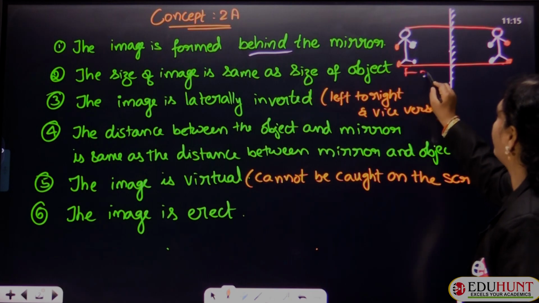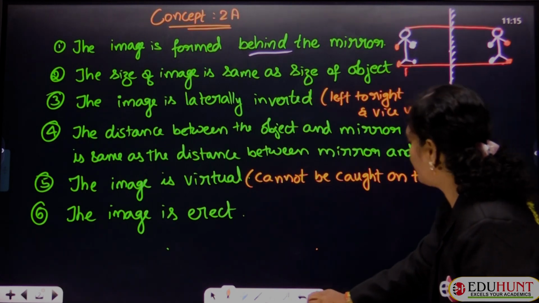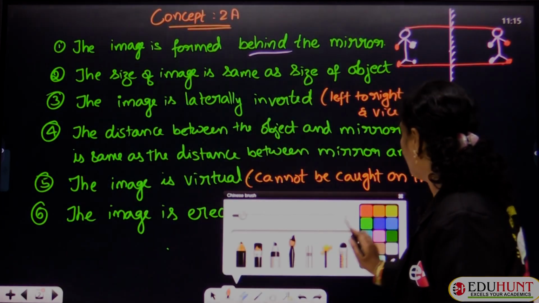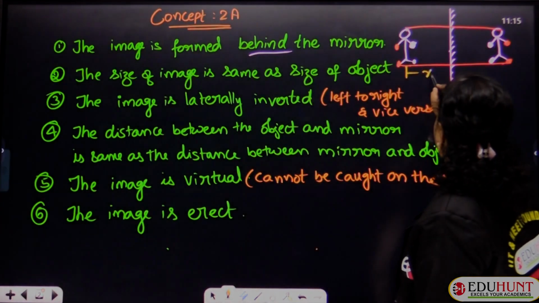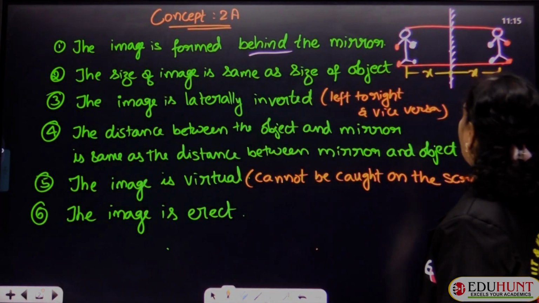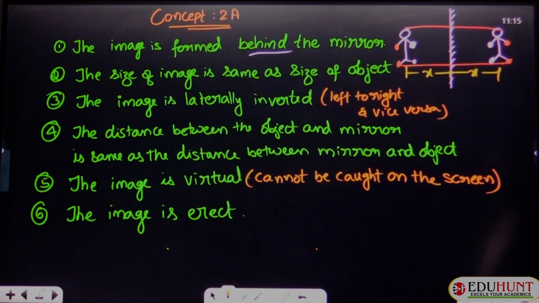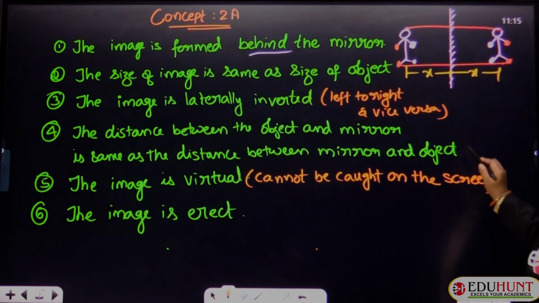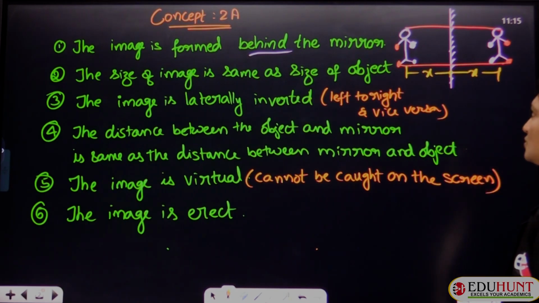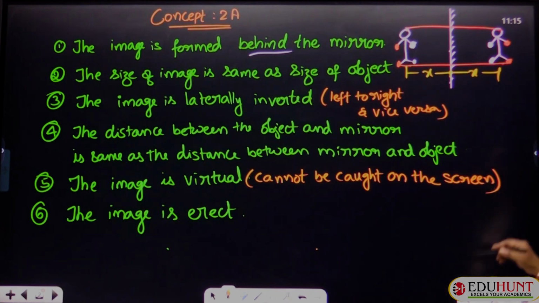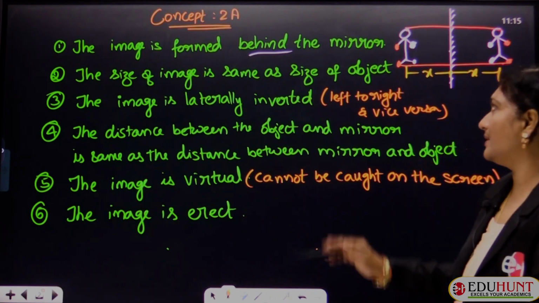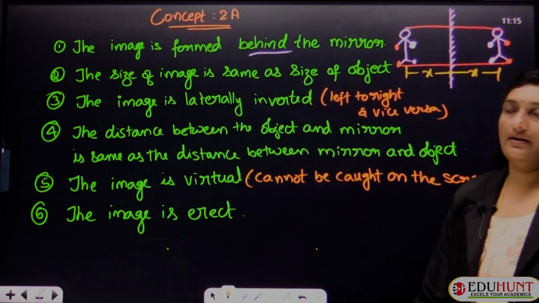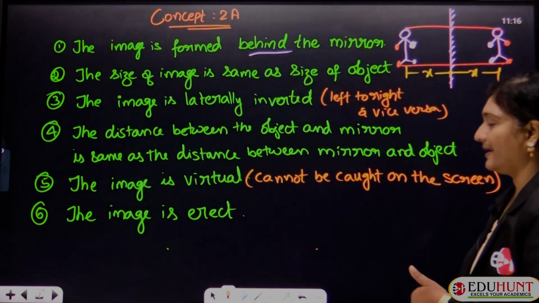That means from here to here, let us suppose the distance is x, here also the distance will be x only, same as the distance between the mirror and object. Image is virtual. Virtual means, what I said, it can be seen only inside the mirror. It can't be seen anywhere else. And the image is erect.